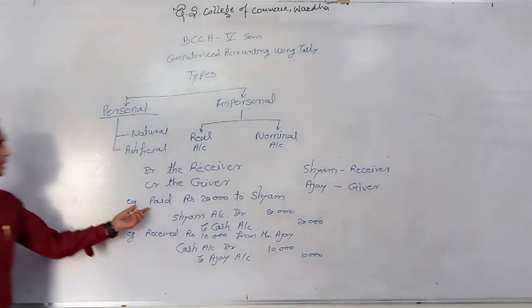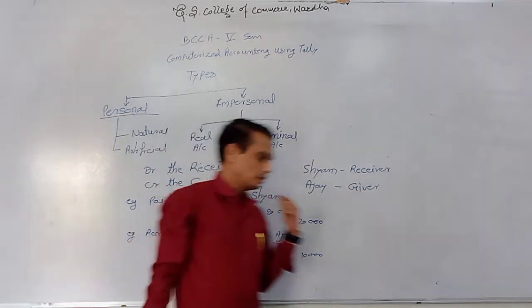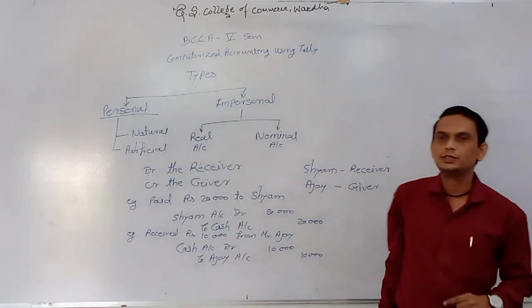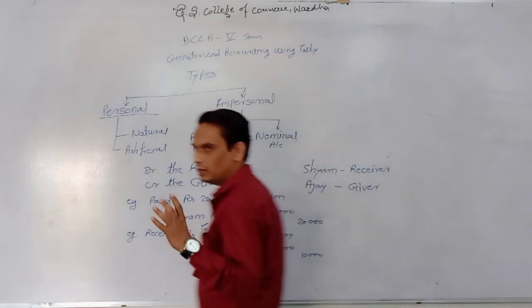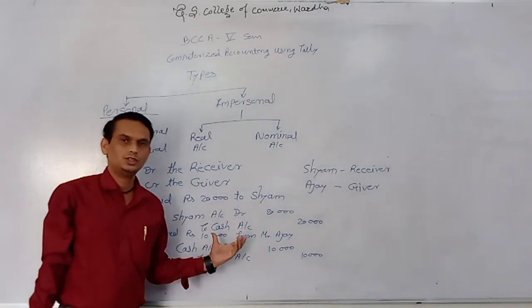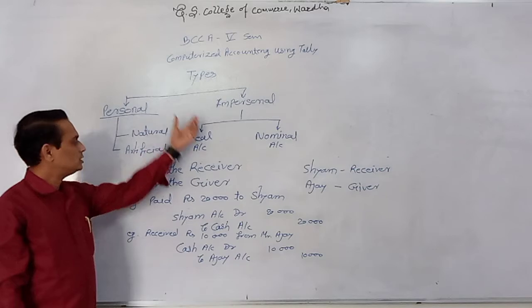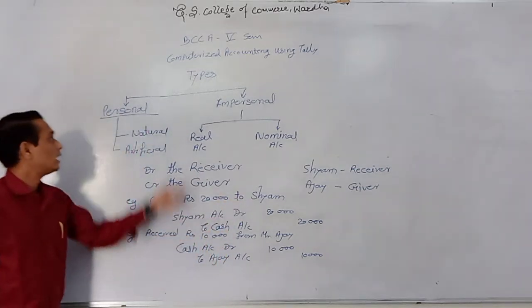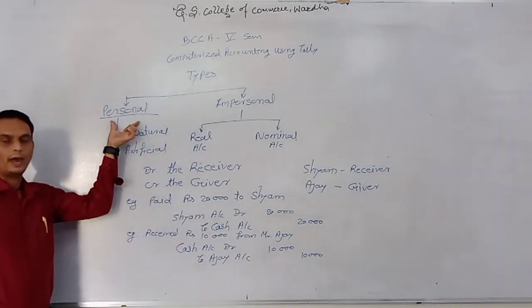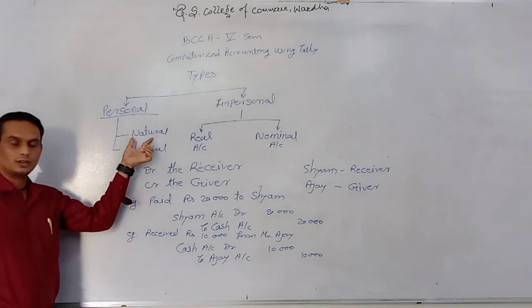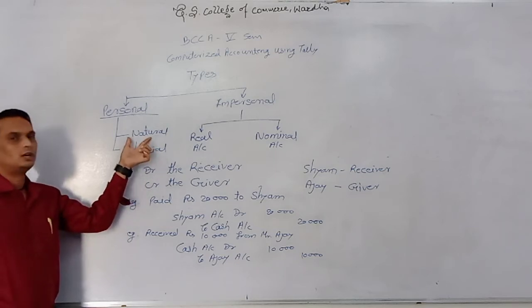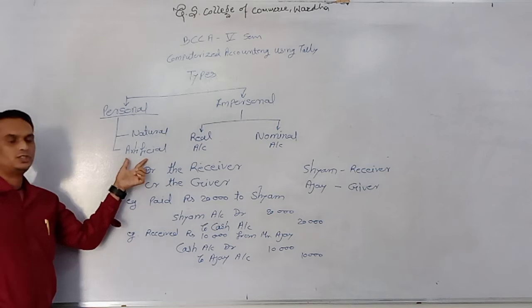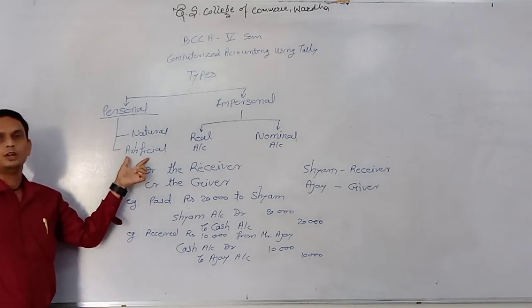This means when the transactions contain the name of a person, the name of an institution, or the name of any financial institution, that type of account is called a personal account. And a person can be a natural person or an artificial person. Natural is who takes birth, and artificial is who is established by some law or governed by a law.